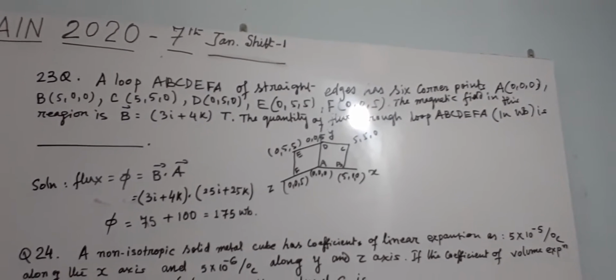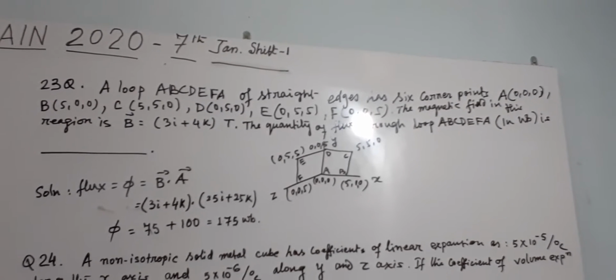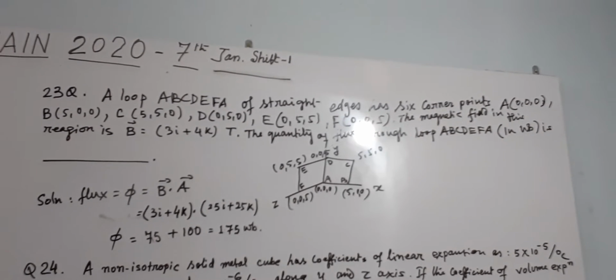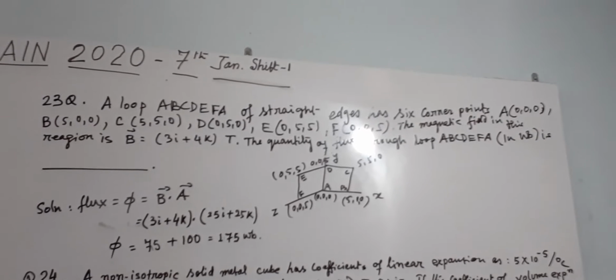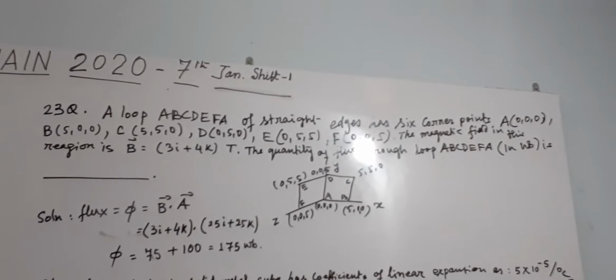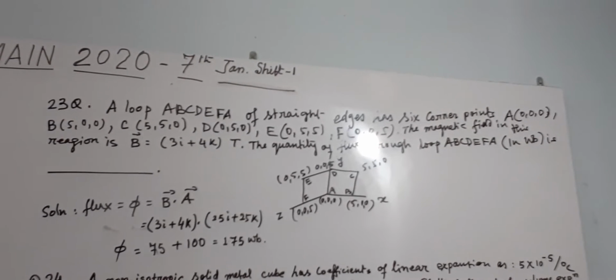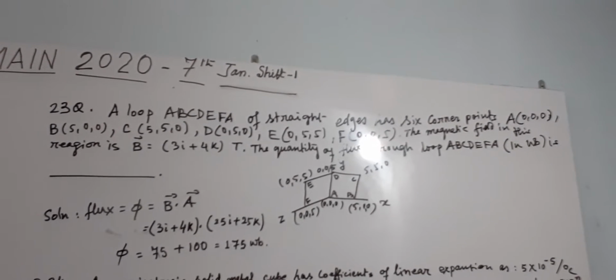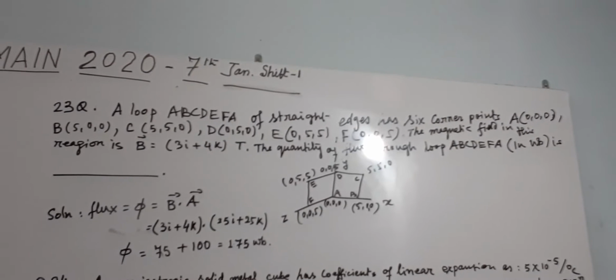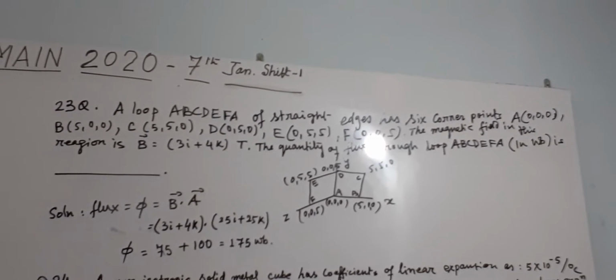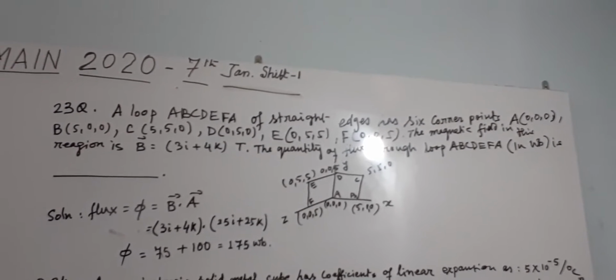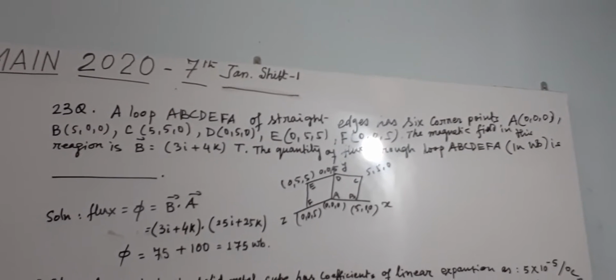A loop ABCDEFA of straight edges has 6 corner points having coordinates A (0, 0, 0), B (5, 0, 0), C (5, 5, 0), D (0, 5, 0), E (0, 5, 5), F (0, 0, 5).